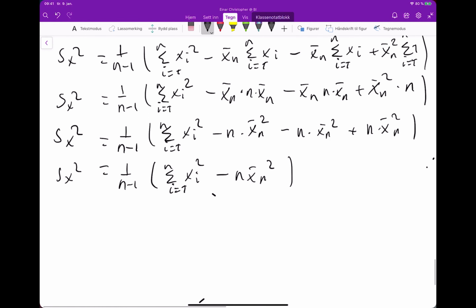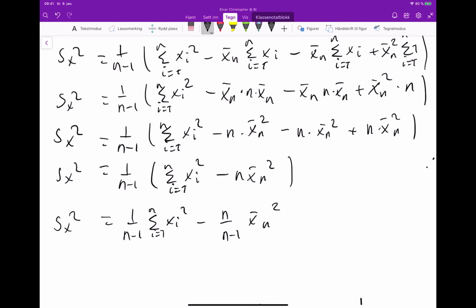And then, if I now just multiply 1 divided by n minus 1 into the parenthesis, I probably get what I was going to show, because this gives 1 over n minus 1 sum x i to the power of 2 from i equal 1 to n, minus n over n minus 1 x bar n to the power of 2. I may write this like this.